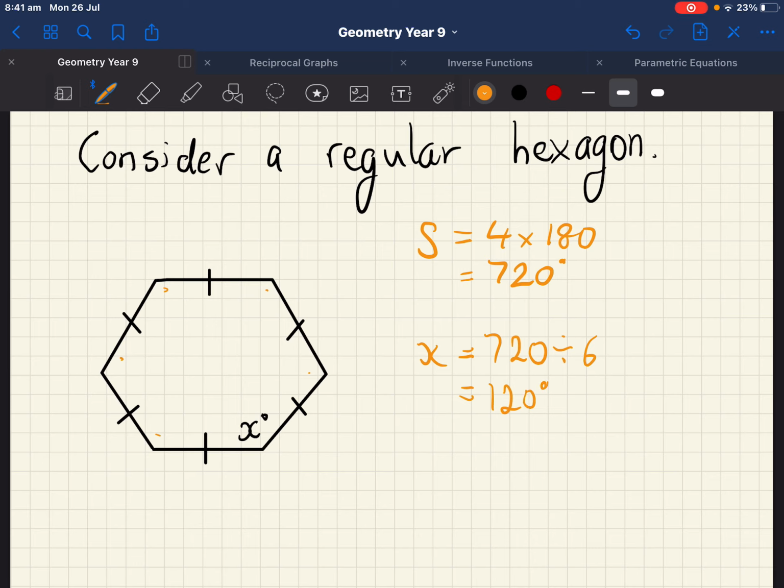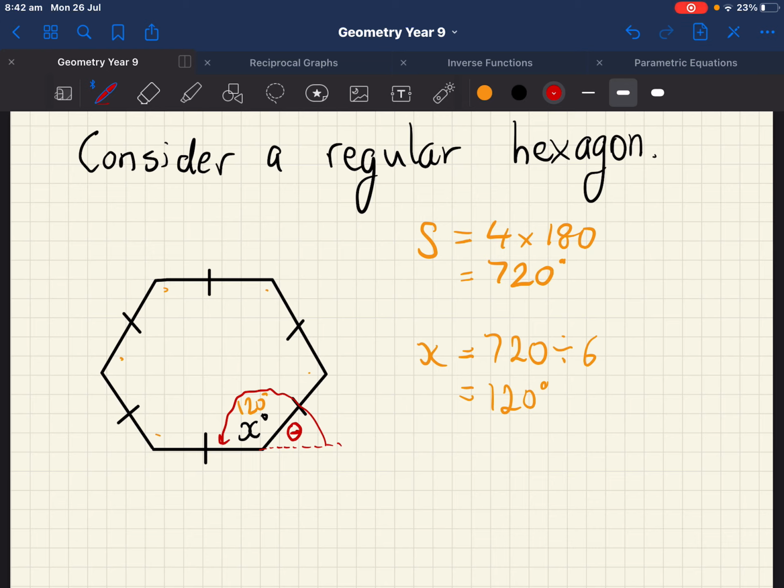That's 120 degrees there. Now, but this lesson's on the exterior angle. We know how to create exterior angles, right? You take a side, you extend it out, and what ends up getting created is what we call the exterior angle. So what would be the size of our exterior angle if x happens to be 120 degrees? So again, just like we've seen previously, we have ourselves a straight angle here.